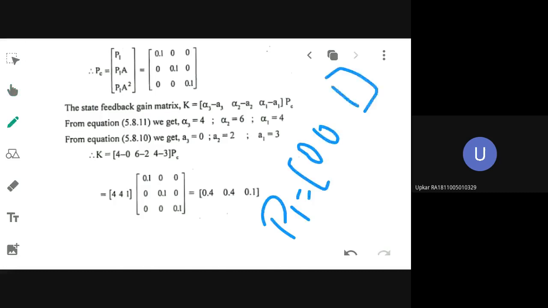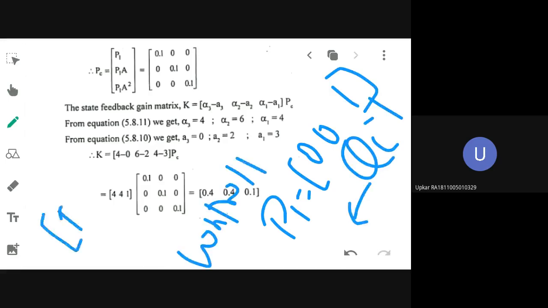A is easily the system matrix, but what is the formula for P1? P1 is 0, 0, 1 into QC inverse. QC is nothing but the controllability matrix, formed from B, AB, A squared B. You take its inverse and multiply that with 0, 0, 1 to find P1. Then you will easily get PC.